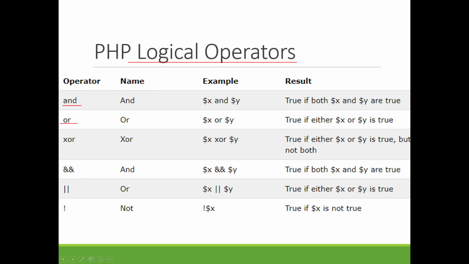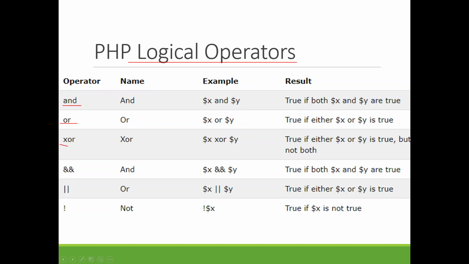Or: true or true is true. True or false is true. False or true is true. False or false is false. So here with or, it can only be false if both of them are false.